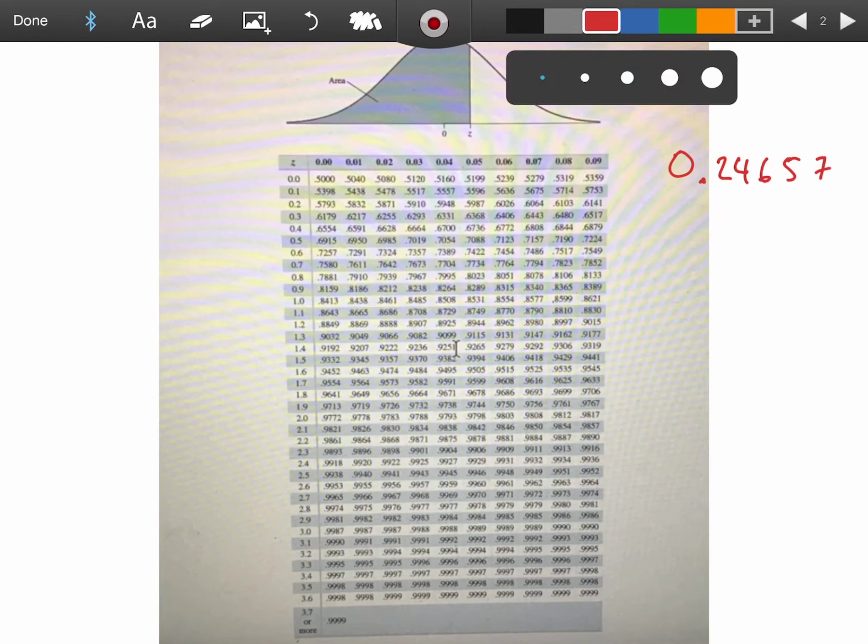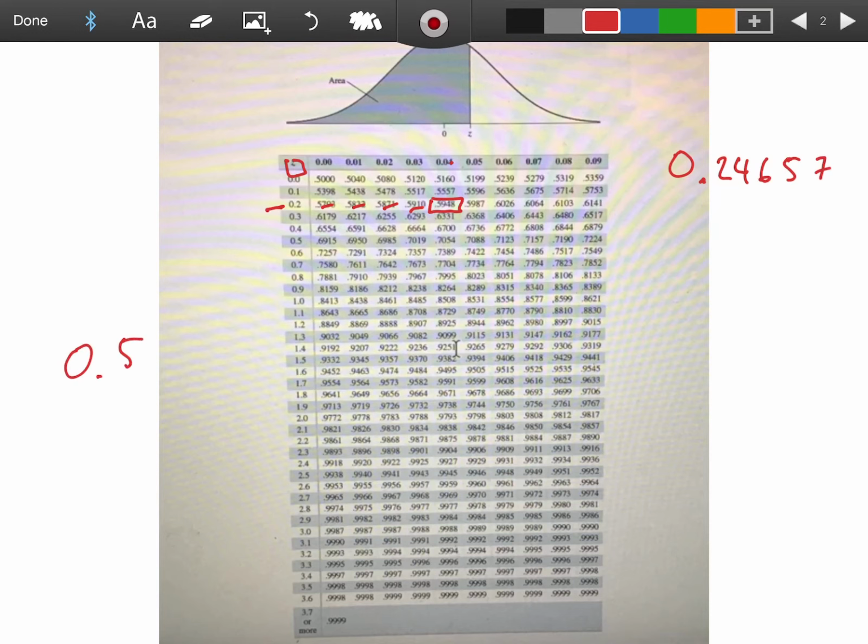So I'm going to go down here, so this is z, so 0.2, so I'm in this column, and it's a 0.24, so not this number, not this number, but it's this number, okay? And here's the really important thing about what this number is telling you: that number is 0.5948.